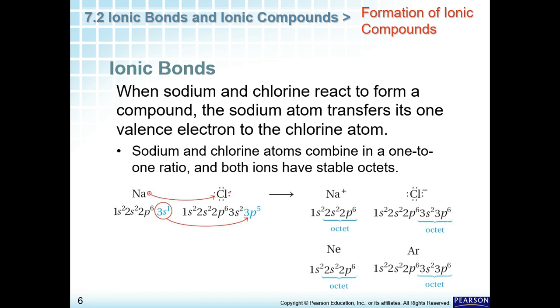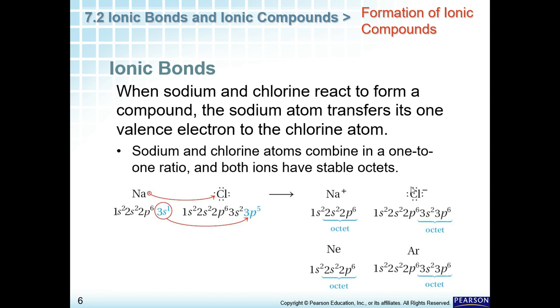Chlorine, on the other hand, has 7 already, so it's easier to gain 1 than give up the 7 it has. It's kind of like, I'm stronger, so I'm going to take the electron away from you. When they do this, they form a bond between each other. One gets a positive and one gets a negative, and they form salt.